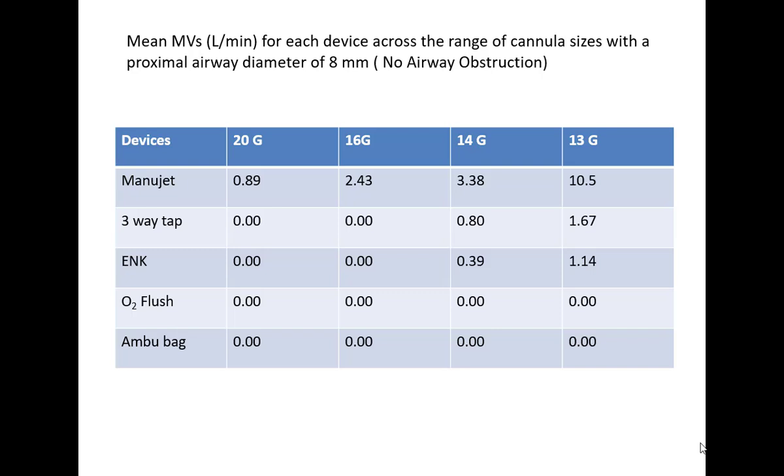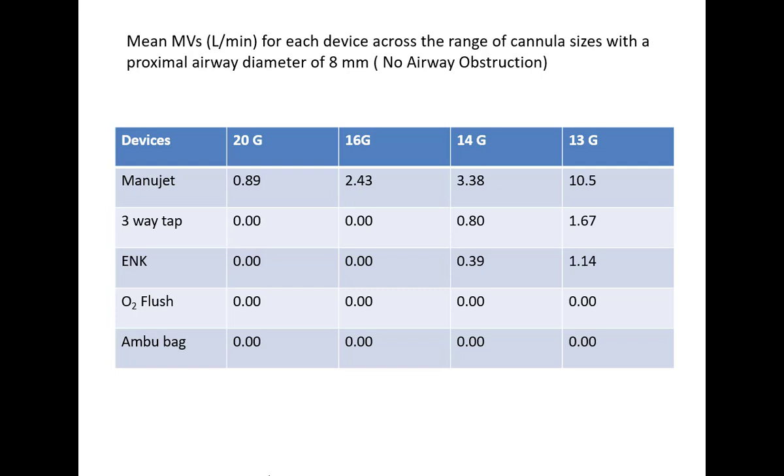So in this table you can see that there is no airway obstruction, so the restriction is 0 at the upper airway. And even when you are using a very good oxygenation device like Manujet, you are getting only 13.5 liters per minute ventilation.